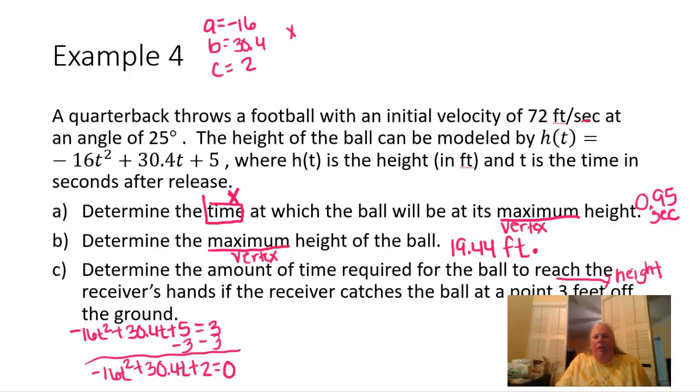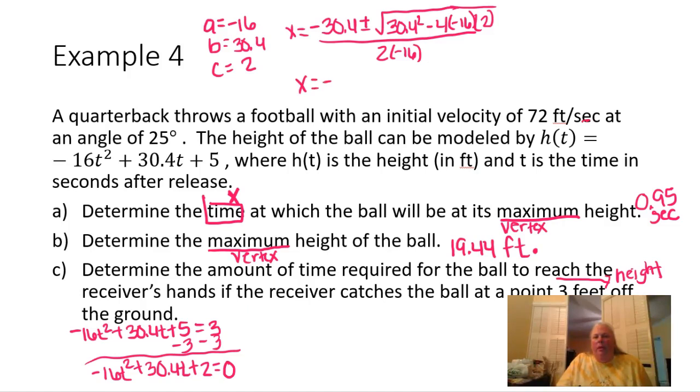All right, that means we're going to have the opposite of B plus or minus the square root of B squared minus 4 times A times C all over 2 times A.